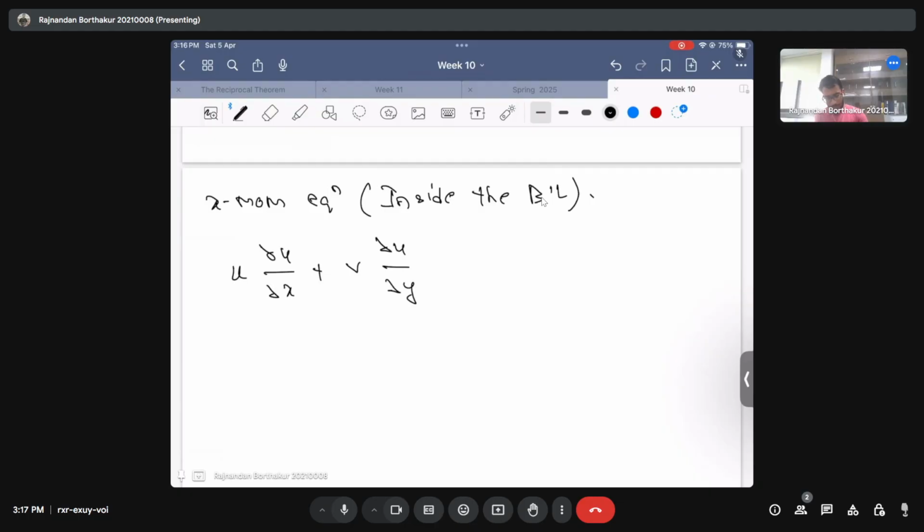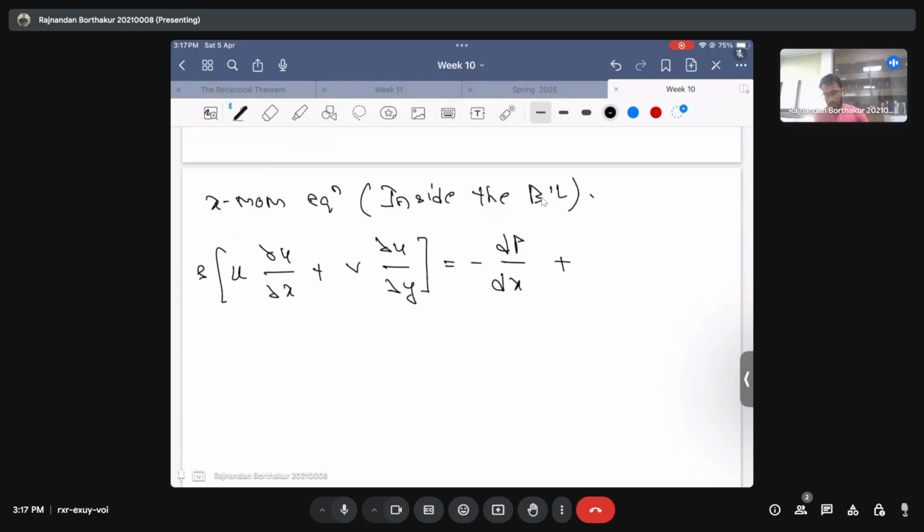These two terms are there. And of course, you can write a rho here. Okay, and then this becomes minus dp by dx because your pressure gradient is just a function of x. If you apply this to the y momentum equation, you will simply get that del p by del y is equal to 0, which means that your pressure is just a function of x, and that's the reason why I wrote it here as dp by dx and not del p by del x. And I hope you can appreciate this.